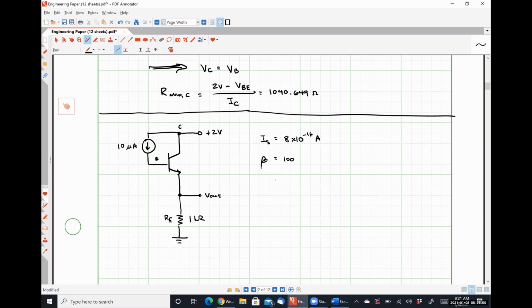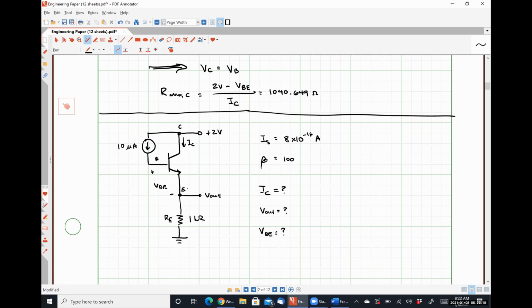We want to figure out IC, V out, and VBE. I will clearly define VBE here. All right, this is our circuit.